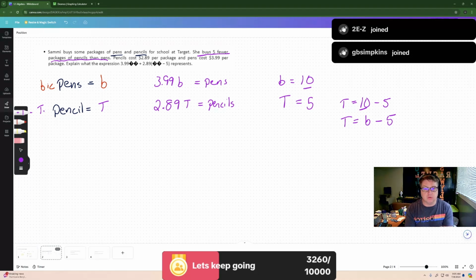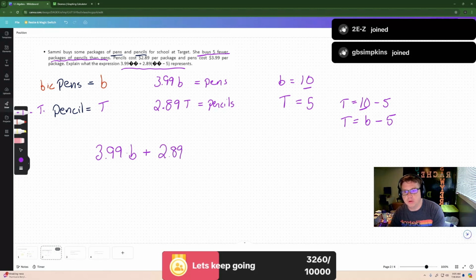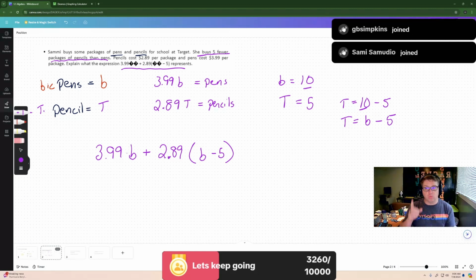So when we look at this expression, all we have to do is take $3.99 times the number of pens and add it to $2.89, and we could put T, but we know T is what? B minus 5. So now all of this is written with one variable in mind. We don't need to know how many pencils we bought. As long as we know how many pens, we're golden.